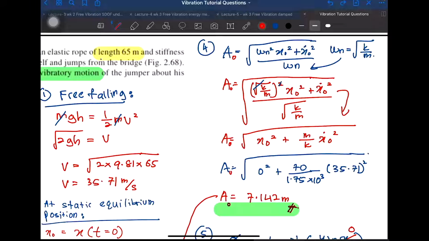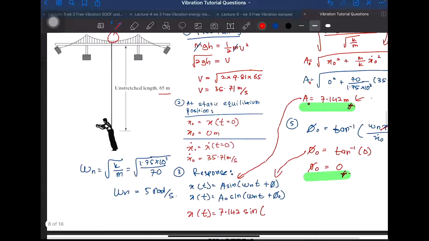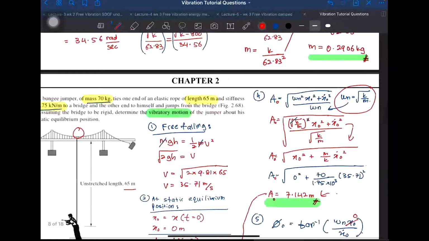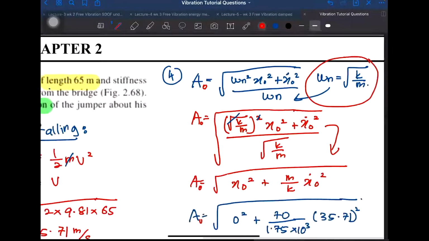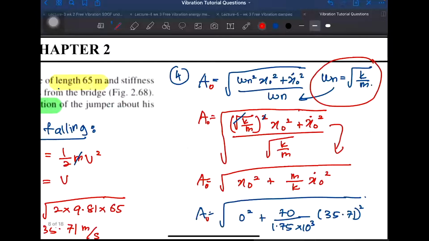Very weird. But if I substitute the square root of k over m and solve it the long way, then substitute the value, I'll get this. Okay, wait, let me digest what's happening first.